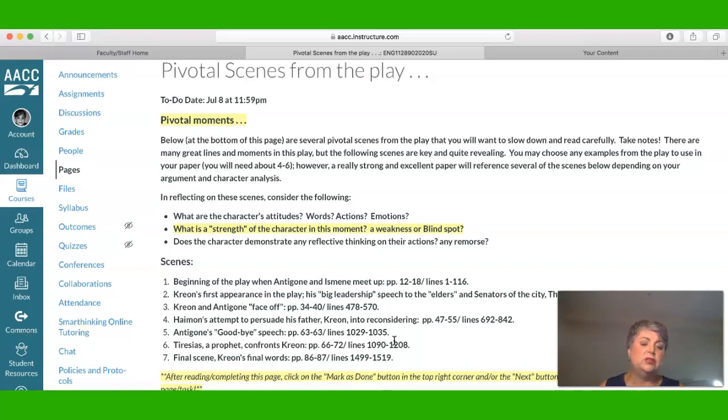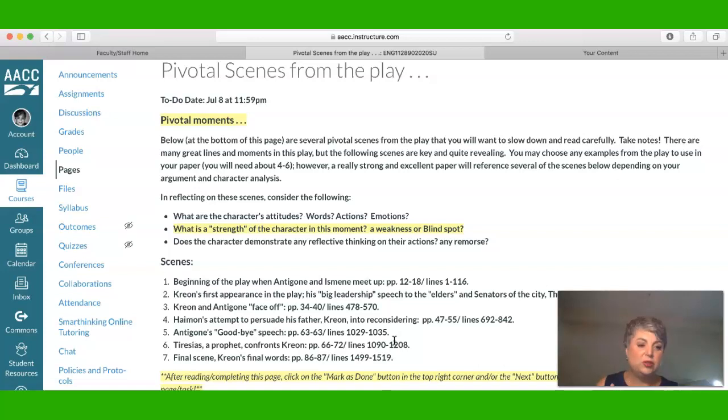The city of Thebes has just come out of a bloody civil war, and Antigone and Ismene have just lost both of their brothers in this bloody civil war. And one of the few remaining relatives they have, besides each other, is their uncle, who is now the new king of Thebes, and that is Creon. So it's a very complex family story.